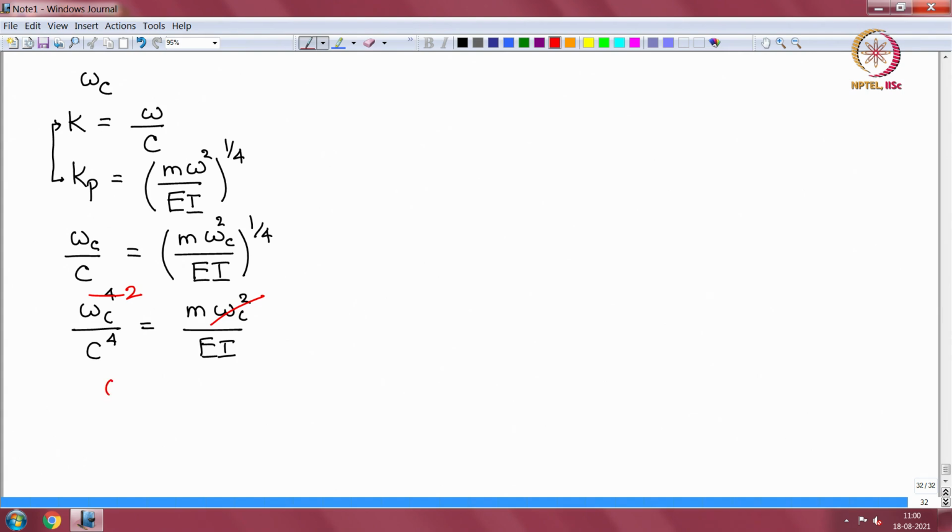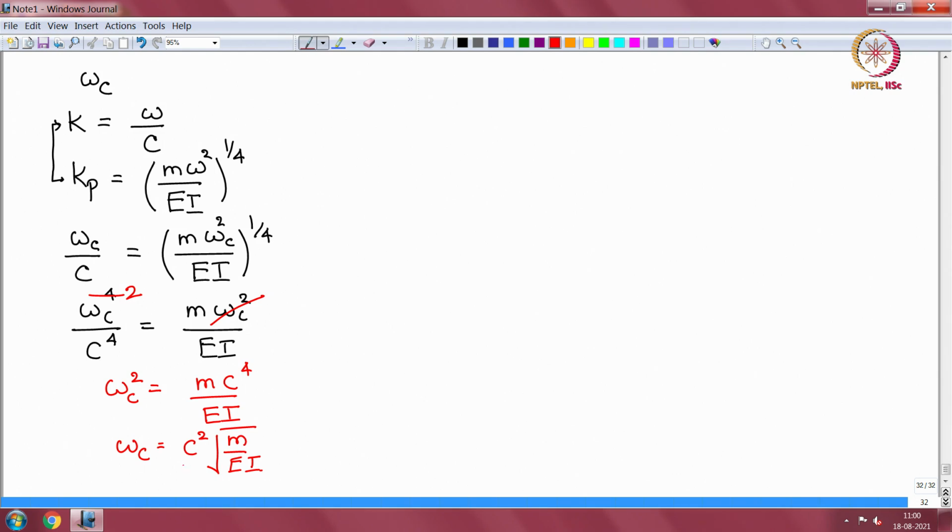So, omega c square is m c to the 4th by EI, or omega c is c square times the square root of m by EI. So, it is a material and fluid property.